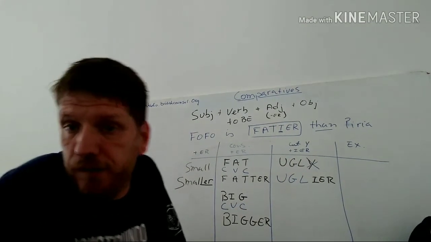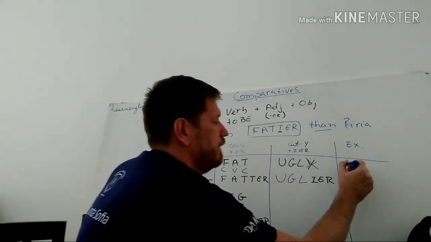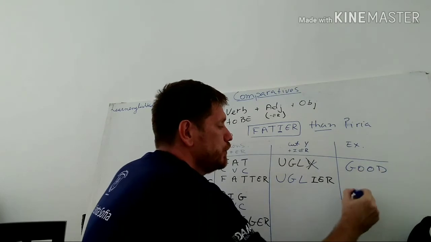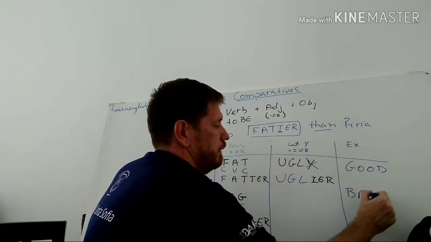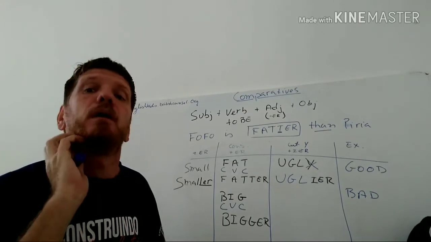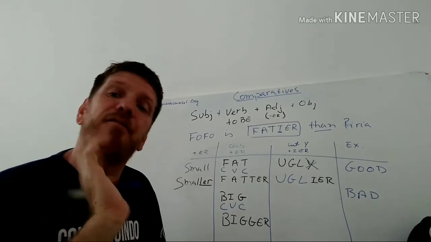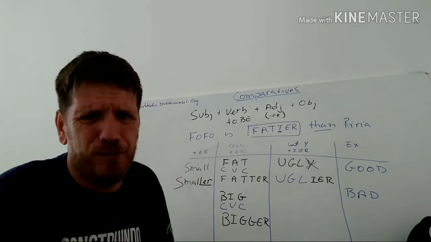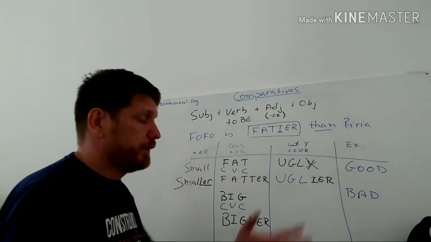Now the exceptions, okay, we have words like good and bad. There are three actually: good, bad and far. But we're not going to see far today because it's not talking about descriptions of people or things.